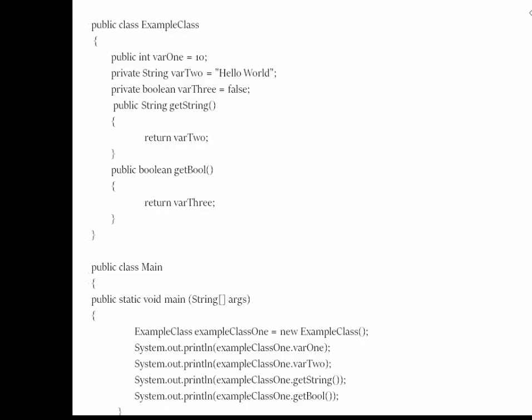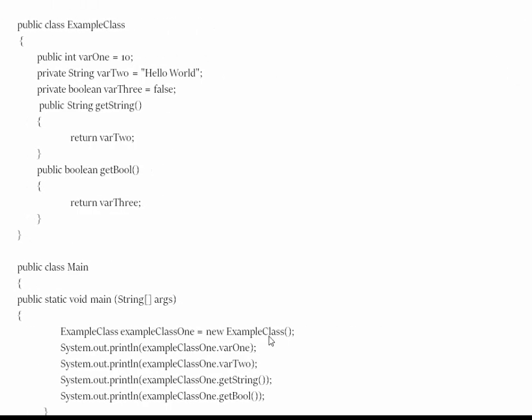Here getString and getBool are the two methods defined in this class, and those can be accessed by using the object of this class with the help of a dot operator, that is example class 1 dot method name, and in the next statement also example class 1 dot getBool.